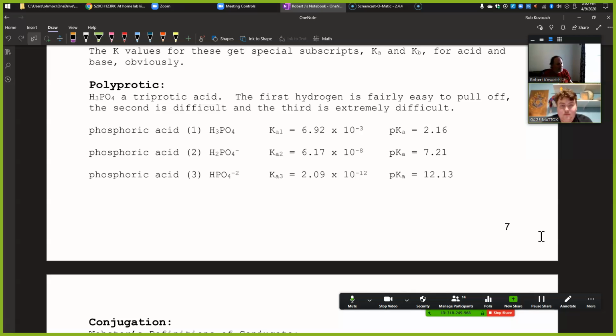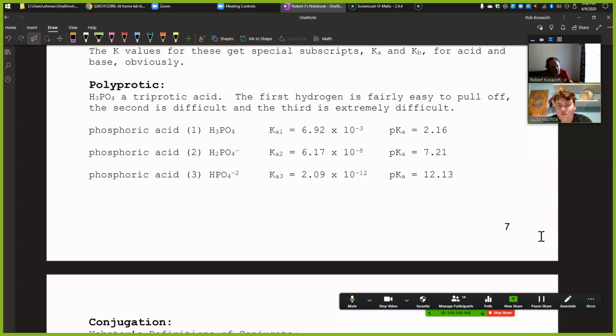So the value is 6.92 times 10 to the negative third. So what's that ratio? It's 1 divided by 6.92 e negative 3. So for every one H that comes off, there are 144 phosphoric acids still sitting there. So it's a 1 in 144 of them detach.